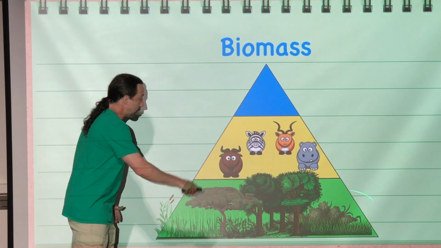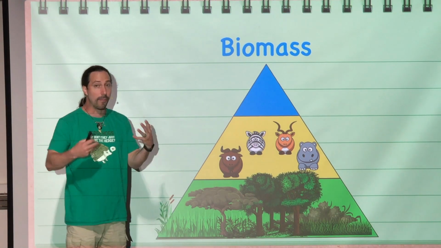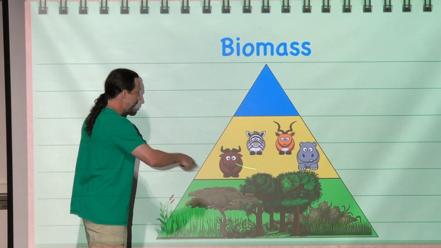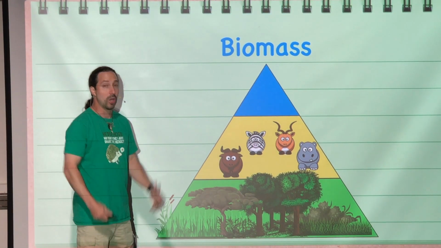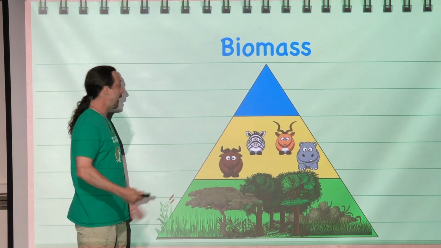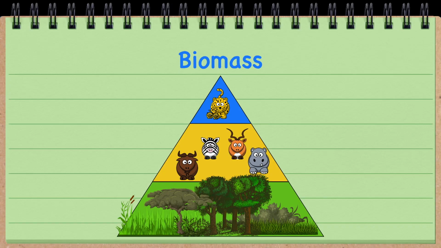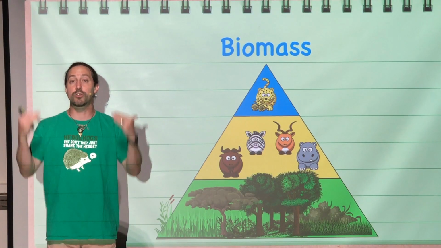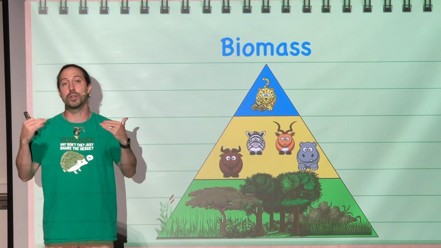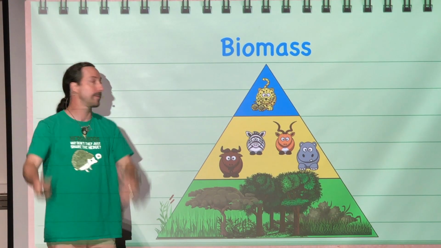So the primary producer level is going to have a lot more mass than the primary consumer level, which will also have a lot more mass than the secondary consumer level. That is looking at the trend of biomass. The biomass will decrease as we move from one trophic level to the next.